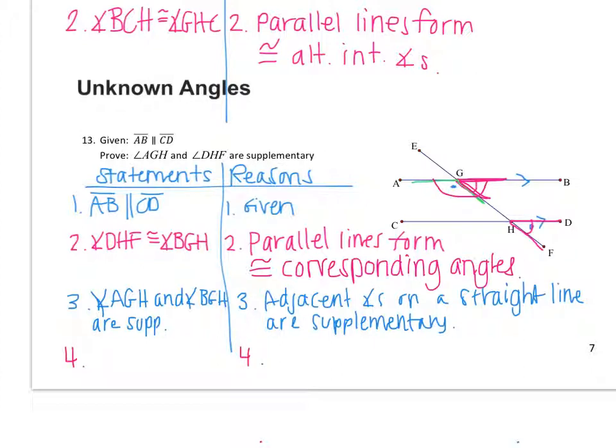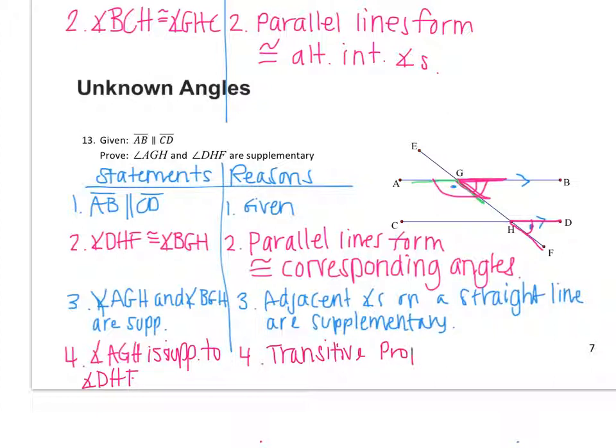I can use that property to help me say that angle AGH is supplementary to angle DHF, which is our proof statement. And I'm going to explain why we can use this property called transitive. Again, another word for it is also substitution.